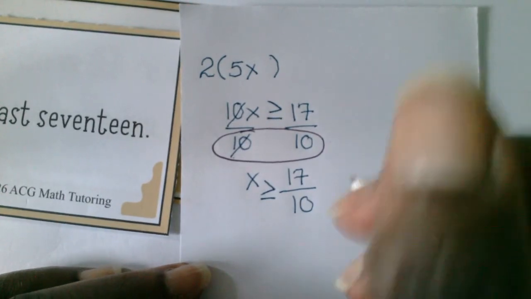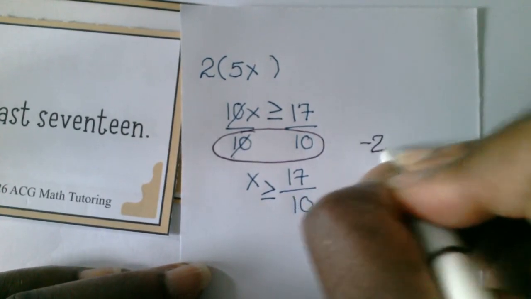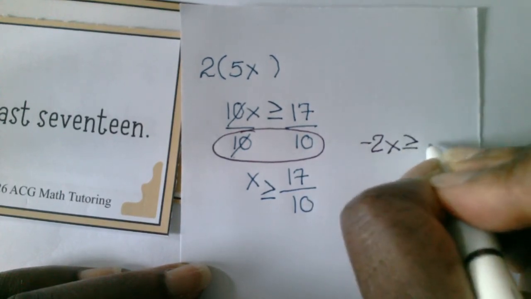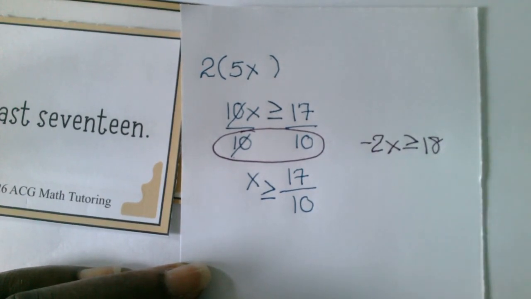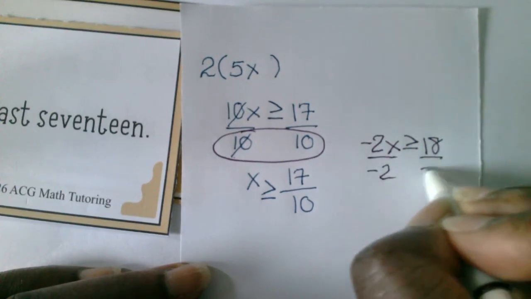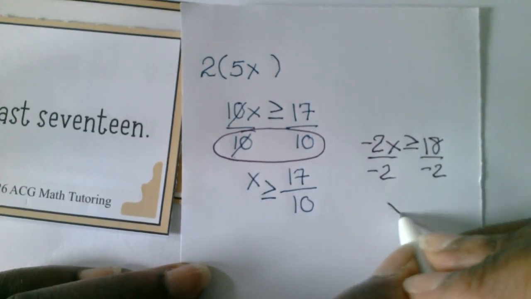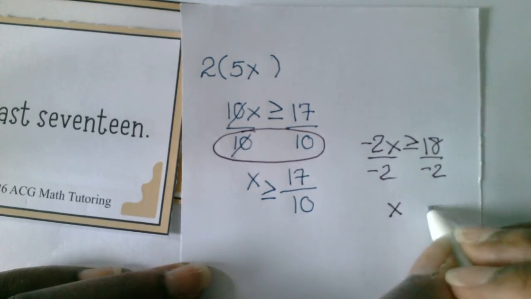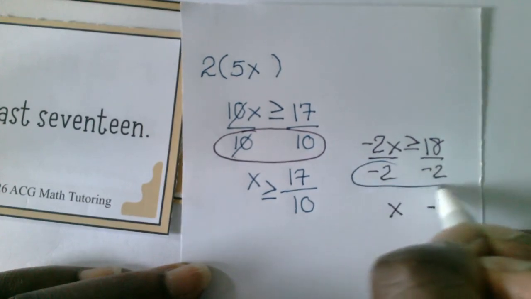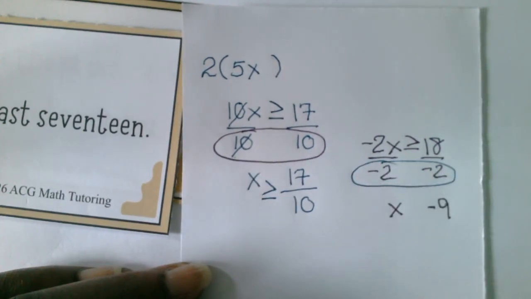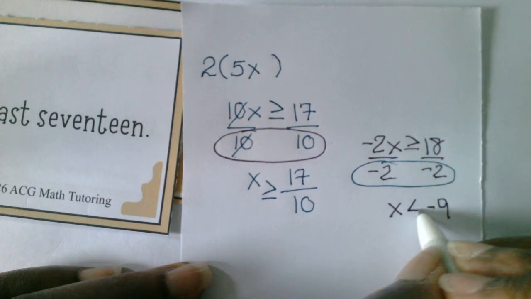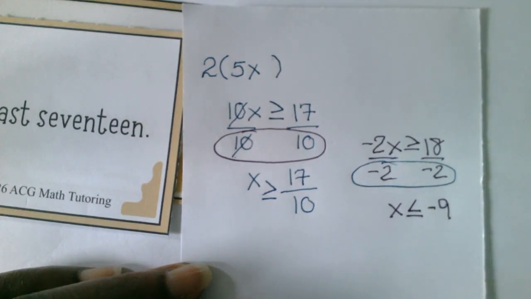So if I had something like negative 2x is, I don't know, greater than or equal to 18, I would divide both sides by negative 2. So I have my x, I have my negative 9. But because I divided by a negative, I had to change the direction of the inequality.